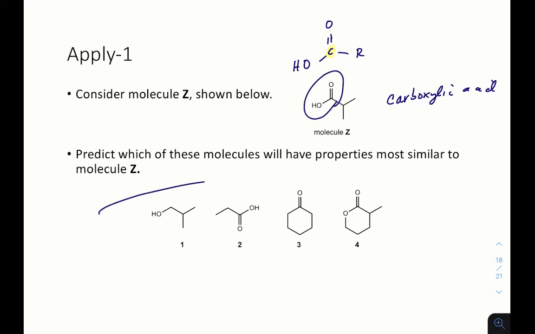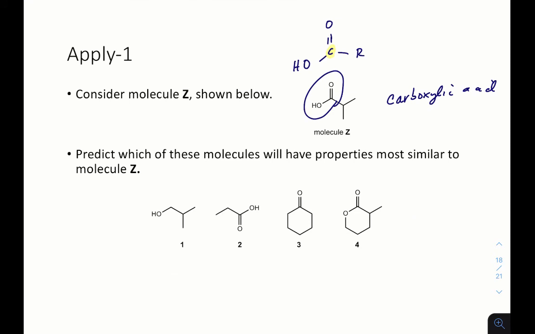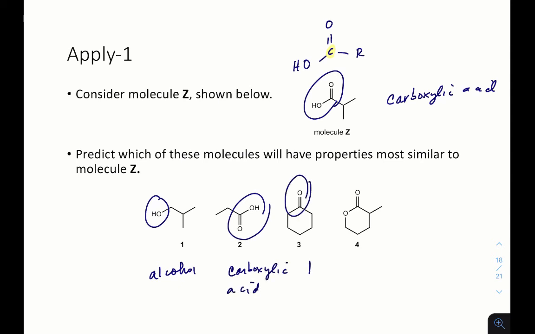If we wanted to circle that carboxylic acid functionality, we would circle it like this. Now, to figure out which of these molecules has properties most similar to molecule Z, we should identify the carboxylic acid. Molecule 1 contains an alcohol. Molecule 2 contains a, ding, ding, ding, carboxylic acid. Molecule 3 is a ketone, because we simply have R groups, alkyl groups, bonded to the carbonyl carbon. And then molecule 4 is an ester.